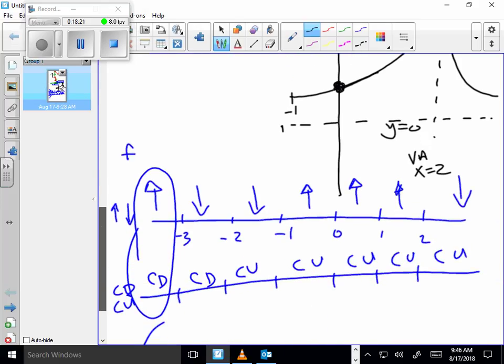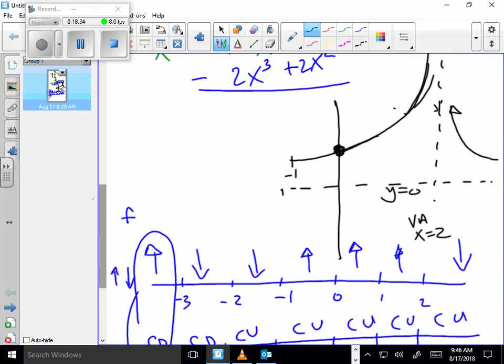Okay, what about between -2 and -1? Decreasing and still concave up. Remember, decreasing and concave up looks like this. So if I draw that in, decreasing and concave up. What do we have at x equal to 1?